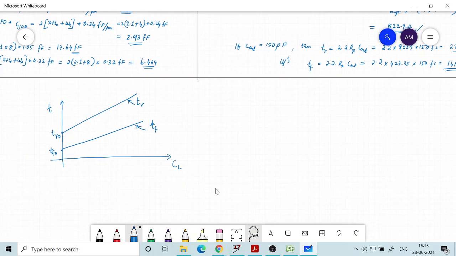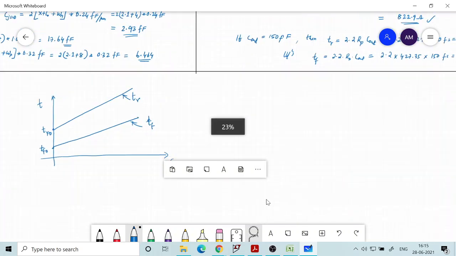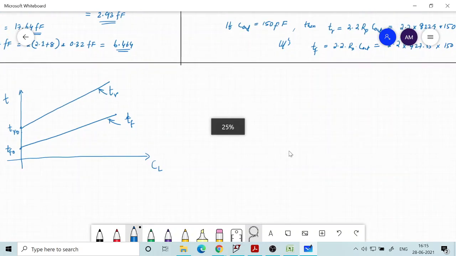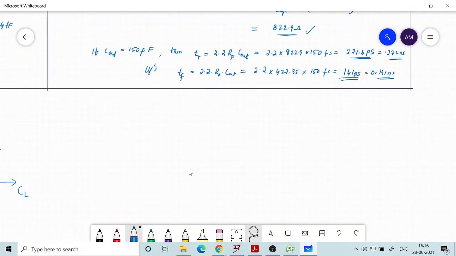So propagation delay. I think I did not teach that earlier. Propagation delay Tp is basically (Tp_LH plus Tp_HL), both for the output, divided by 2.